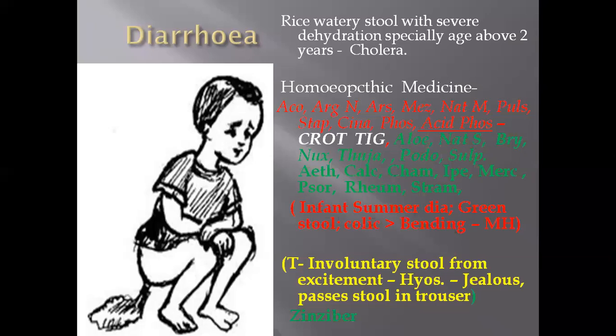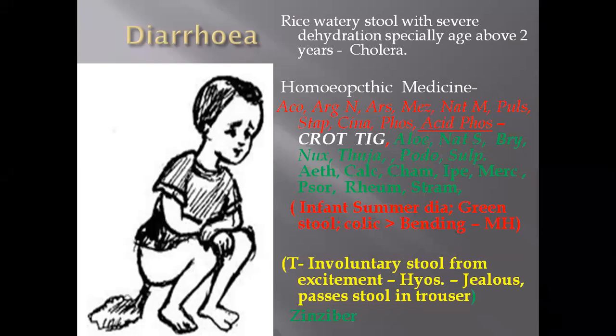I think time would not permit to describe elaborately every medicine. That is why I am giving simple tips for understanding or memorizing. Arsenic is mostly related with food poisoning. Mercurius is related mostly with post-vaccinated diarrhea.